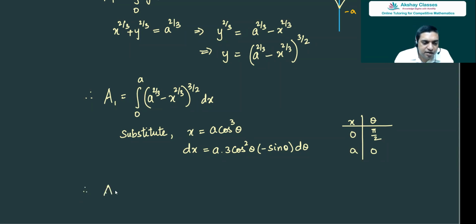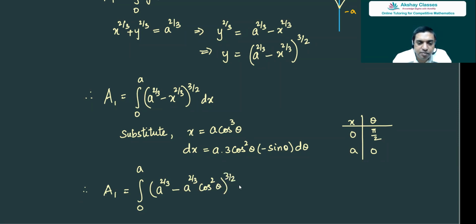Therefore, A1 will be integral of a to the power 2 by 3 minus a to the power 2 by 3 cos square theta, because cos cube to the power 2 by 3 will be cos square theta, to the power 3 by 2, times, oh, I'm sorry, the limits will not be 0 to a.